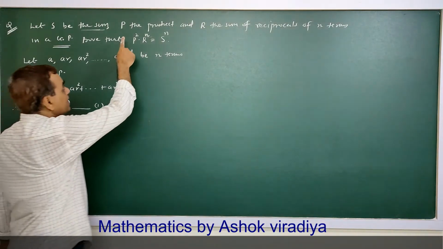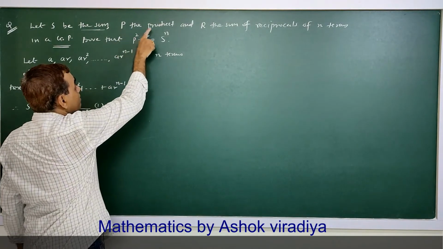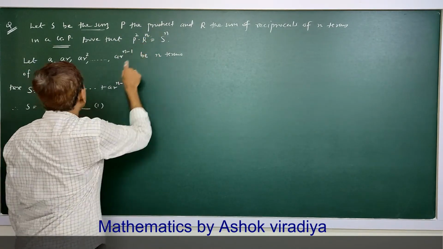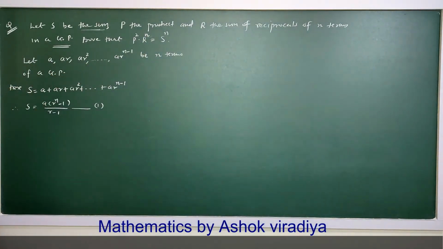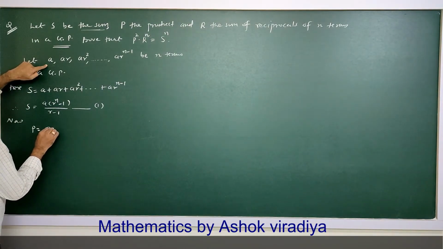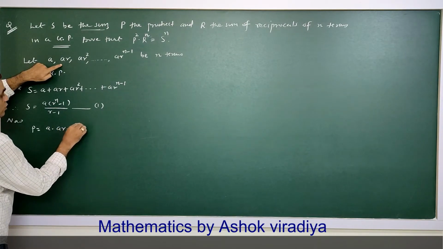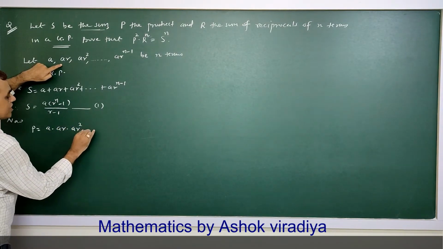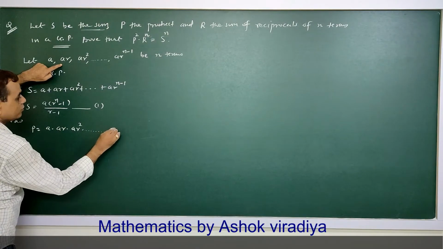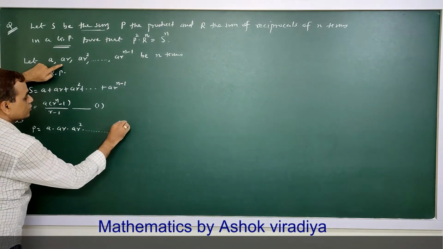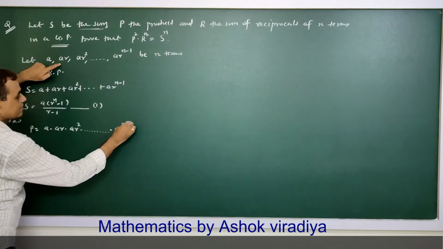Now we come to P. P is the product of these n terms, that is A into AR into AR square into and so on up to AR raised to n minus 1.